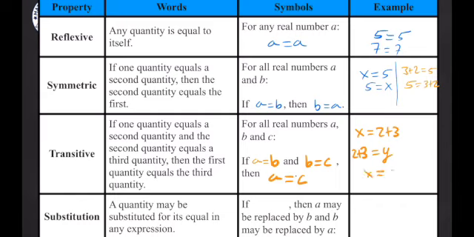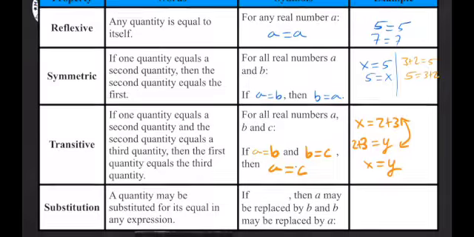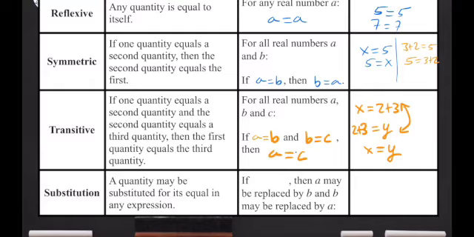Then we automatically know that x is equal to y. I'm wanting to write 5 because that's what 2 plus 3 is. If we know these two things, then we can conclude that x is equal to y because they're equal to the middle object. x equals 2 plus 3, 2 plus 3 equals y, so x is the same as y. That's the transitive property.